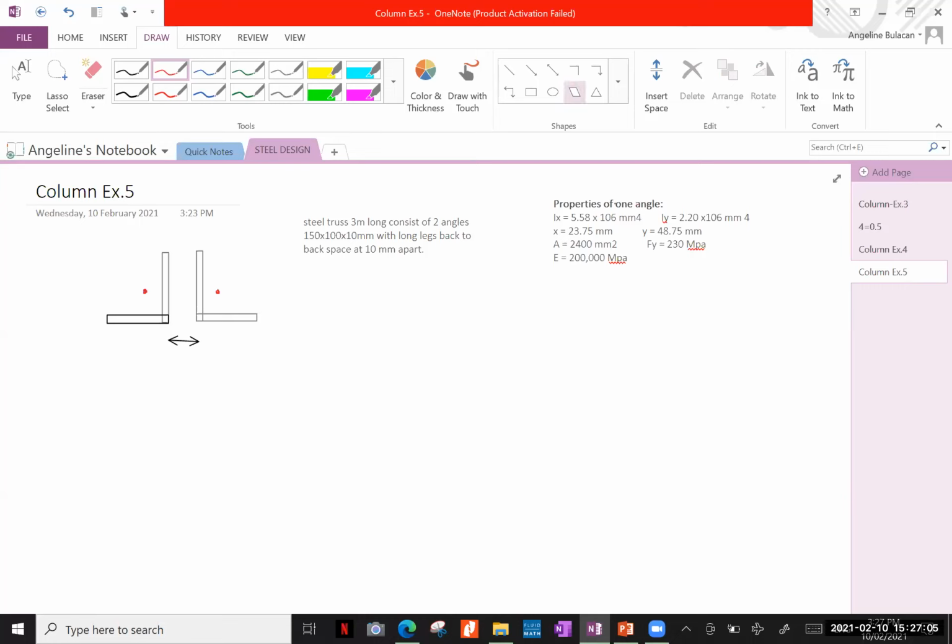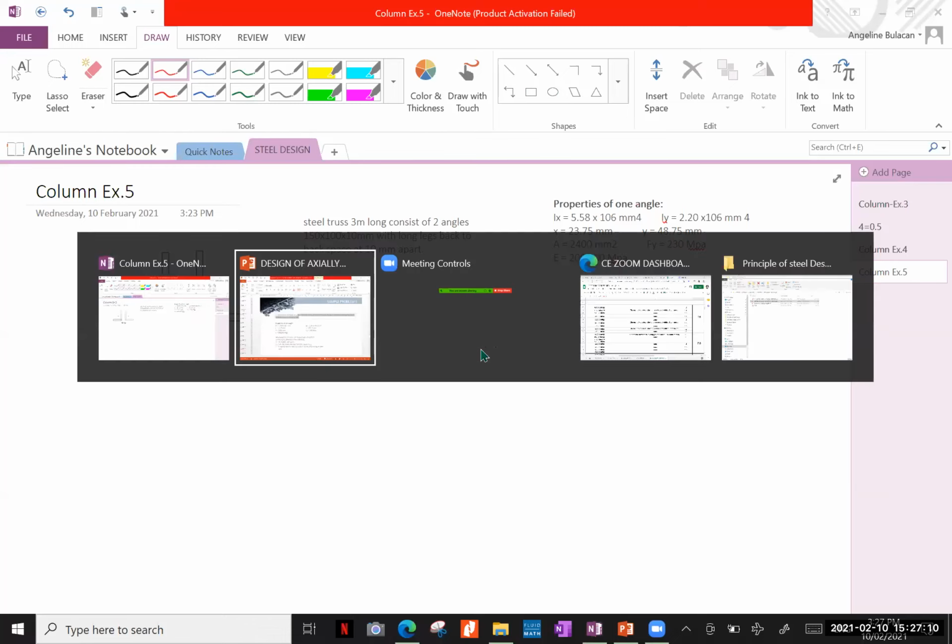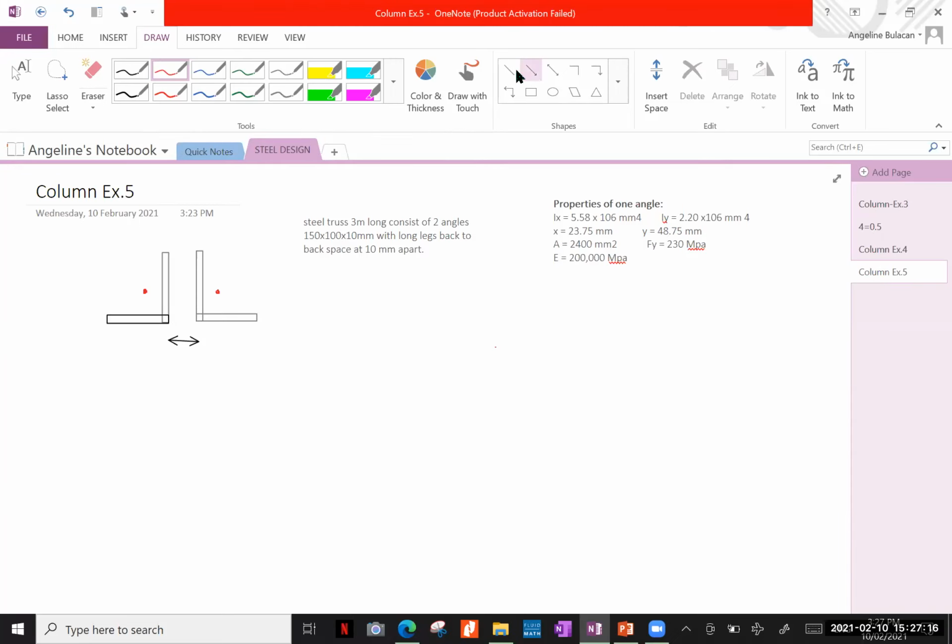Tapos, di ba yung second step natin is ilagay natin yung x and y axis. So, x axis, since pantay sila, lagay mo na dyan yung x axis. Tapos, y axis. Of course, dapat nasa gitna yan.